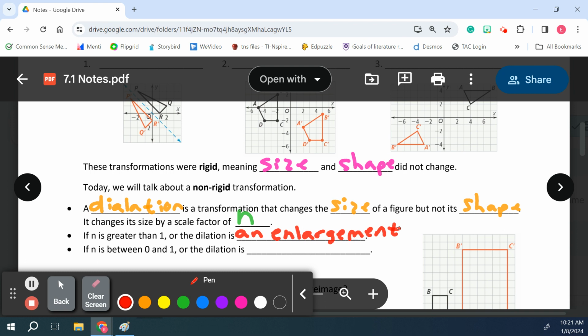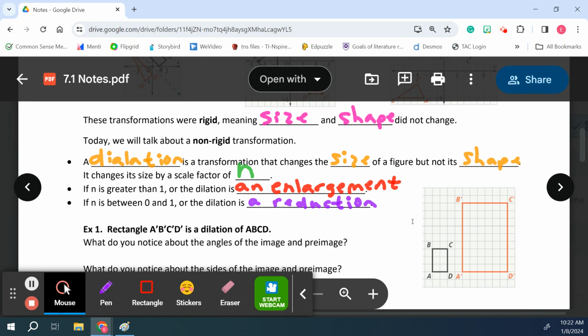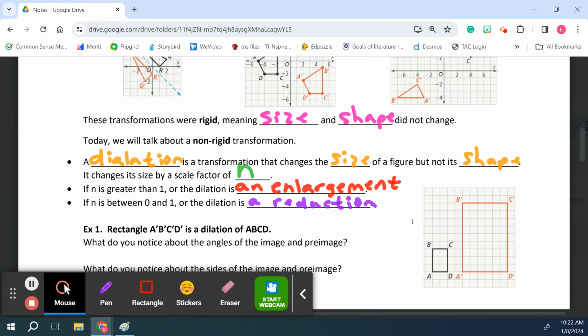If N is between 0 and 1, we're going to say it is a reduction. Questions on this?